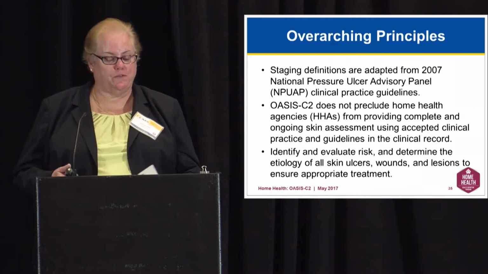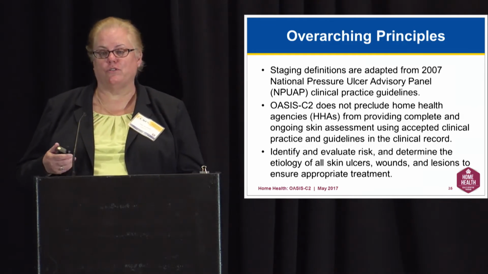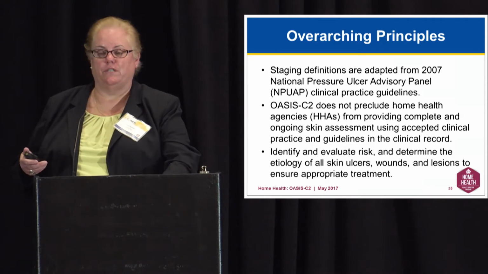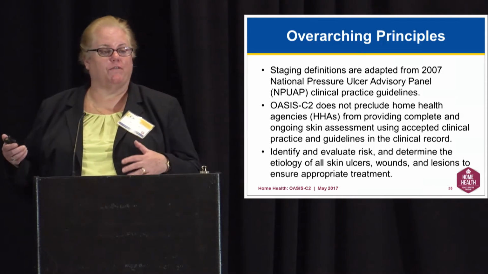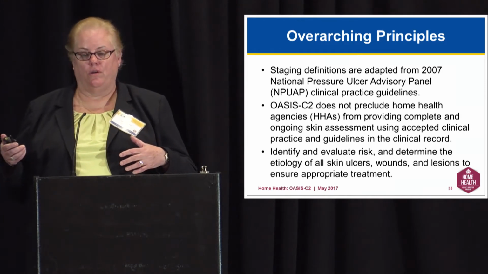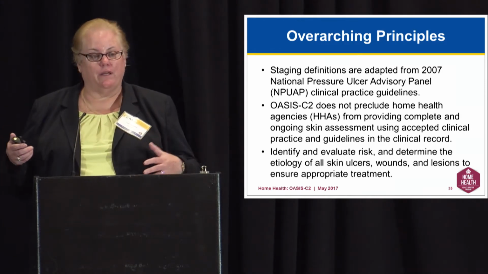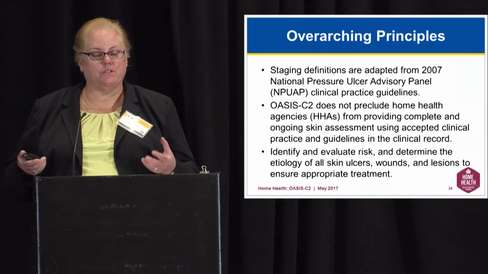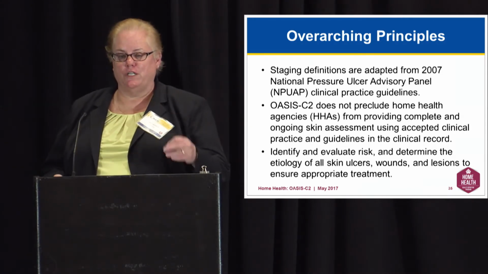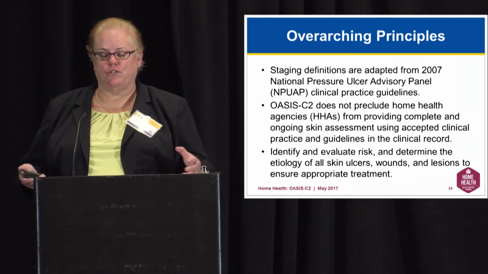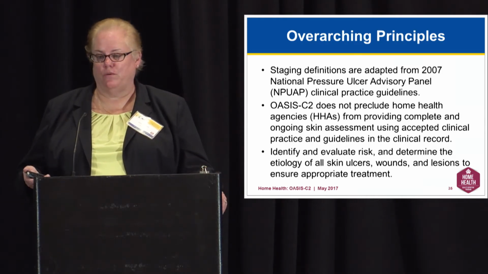All right, so it's very important that your staff understand the differences and are assessing the wounds so that they're not calling a peripheral vascular ulcer, if there's no pressure related to it, a pressure ulcer. But there are some people who think just because I see a fluid-filled blister that we should say, oh, that's a stage 2.